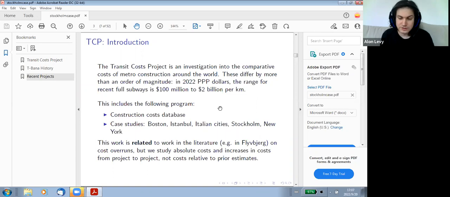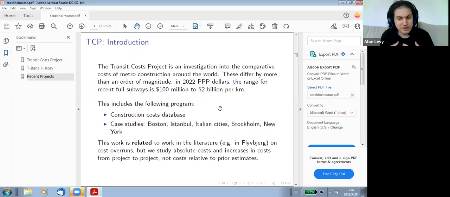So cost overrun means planners said at the beginning of the project that it would cost X, it actually costs Y, and Y is a lot more than X. What's going on? What we do is we don't care about X versus Y, we just care about Y. So we care about the actual cost and how it compares with actual costs of other projects.